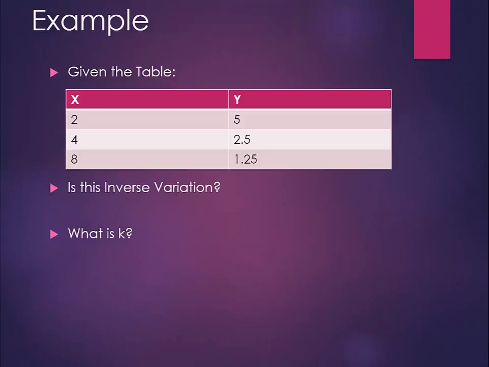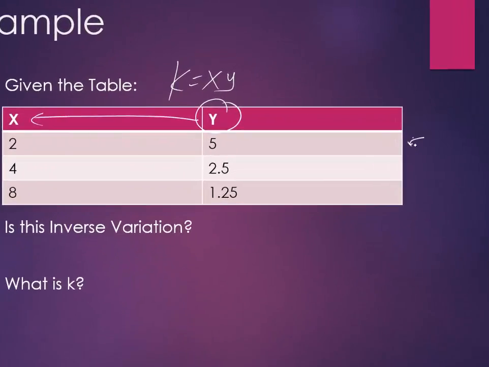So here's our first example of a table, where we're given our x and our y values. We need to find out what k equals, and k is going to equal x times y. So we need to multiply our y values by our x values. First row, we're going to have 5 times 2, and that's going to equal 10.